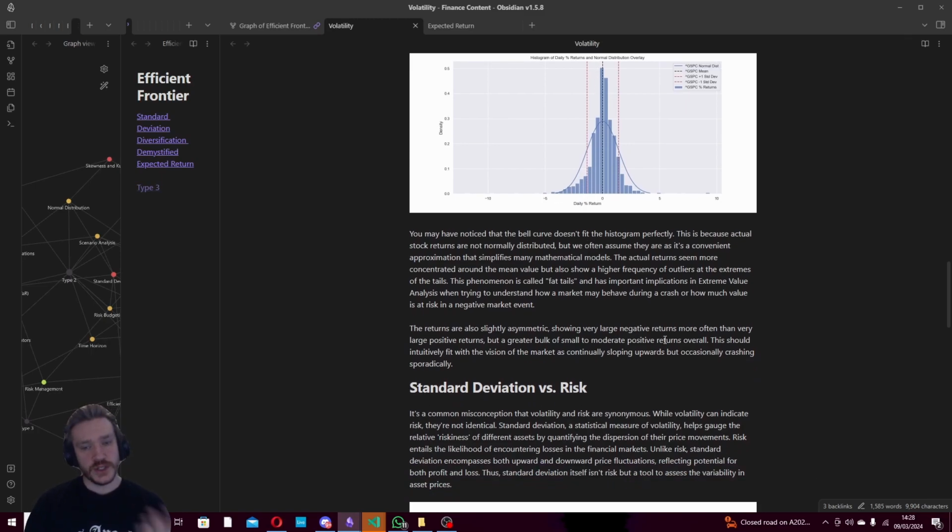So this should intuitively match our understanding of the market, that generally the market increases slowly and steadily, compounding day on day on day, but occasionally there are market crashes and big dips in market value. So those big dips and crashes are these extreme decreases in daily percent returns of the market, but that slow continual growth is this bulk of small to moderate returns on the positive daily return side.